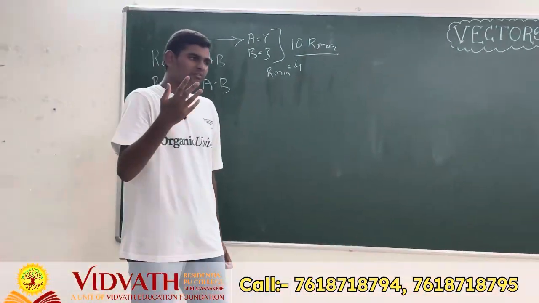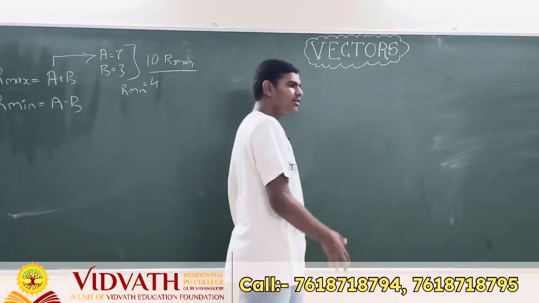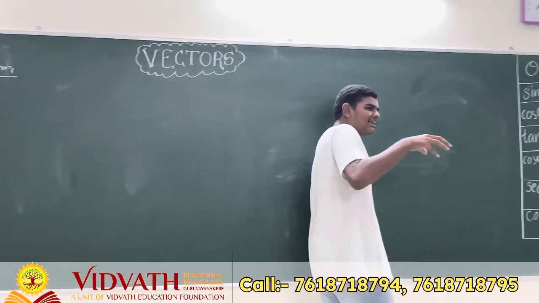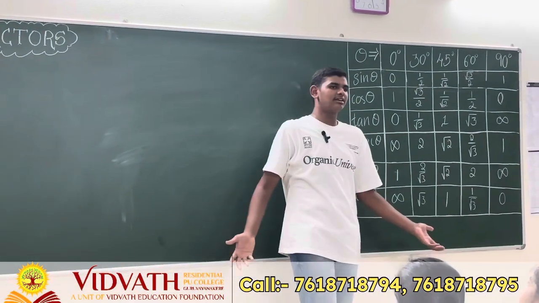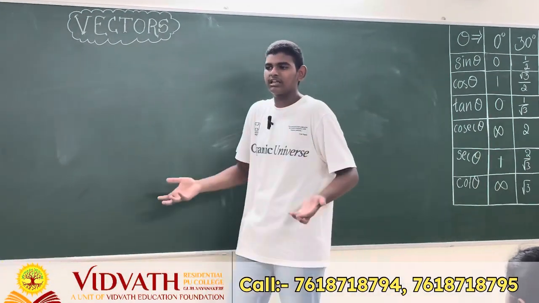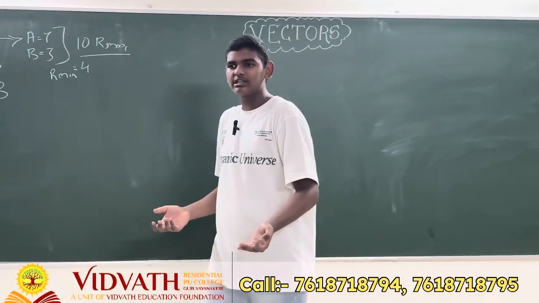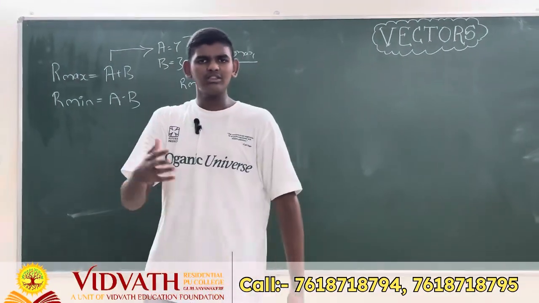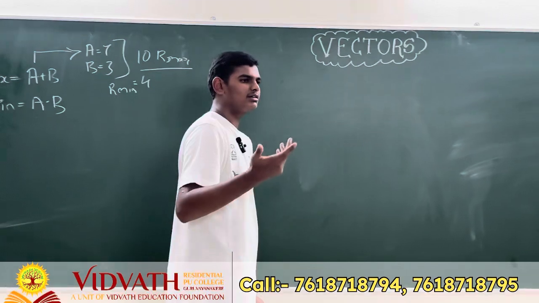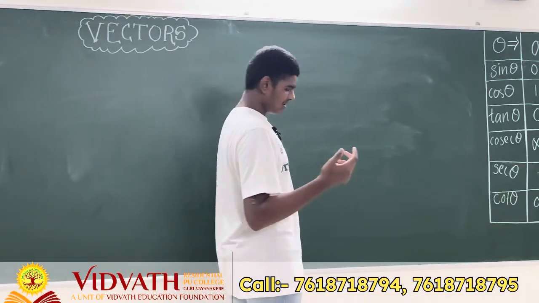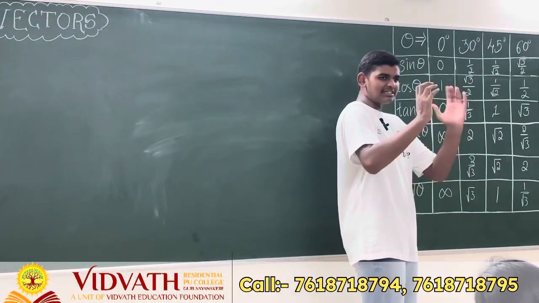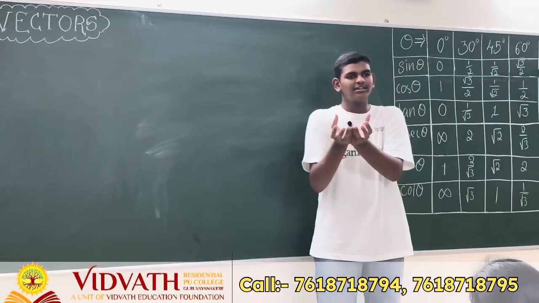So why is vector needed? Any idea? We have physical quantities, we have scalar quantities. Physical quantity is anything that can be measured. Scalar quantity has magnitude. Why vector? Anybody have an idea why vector is needed?